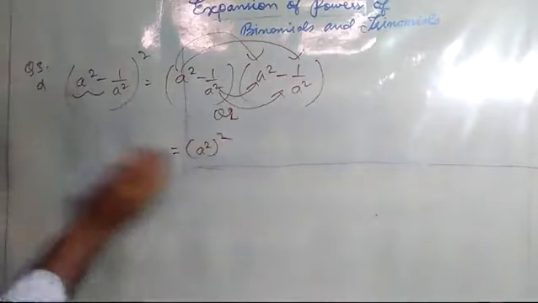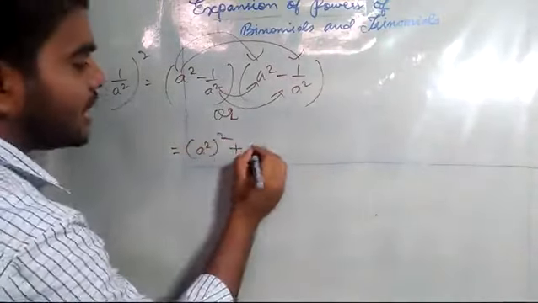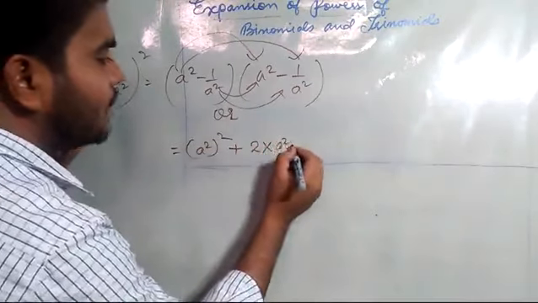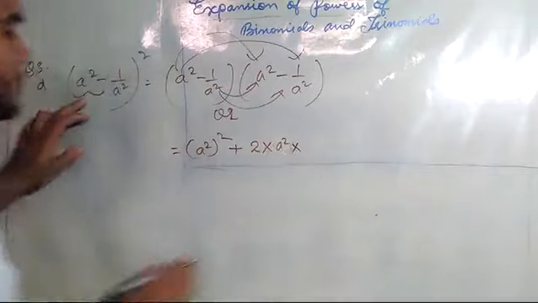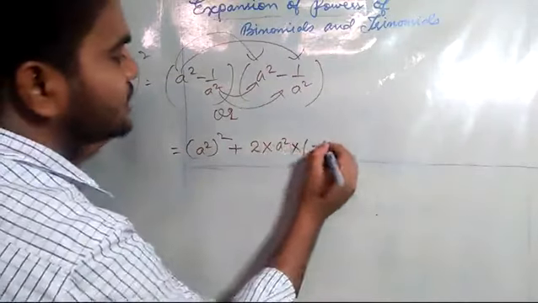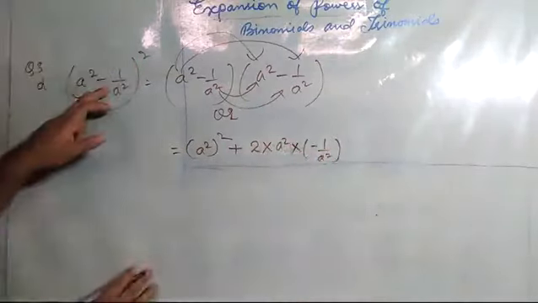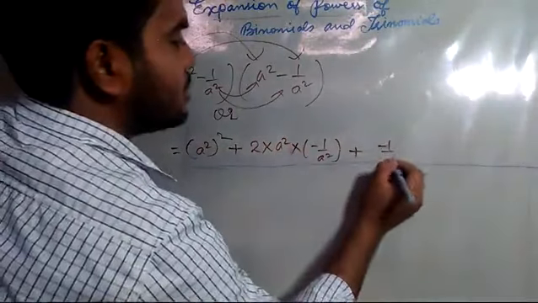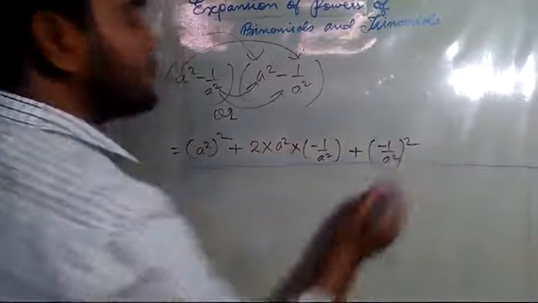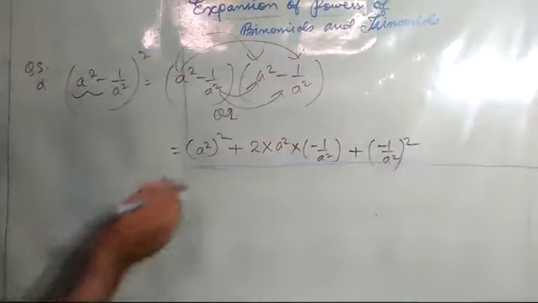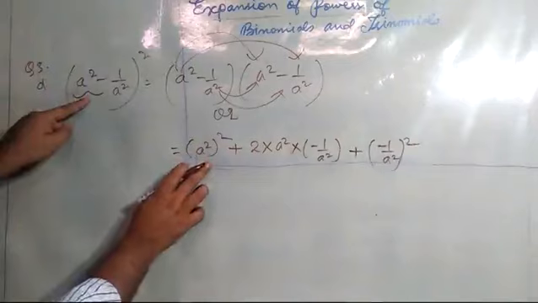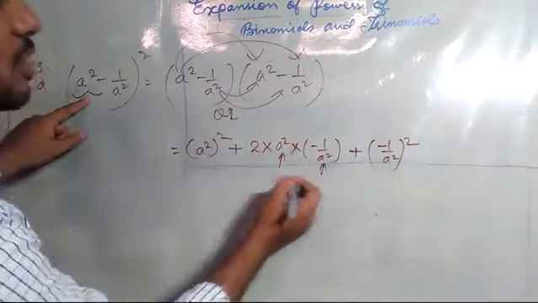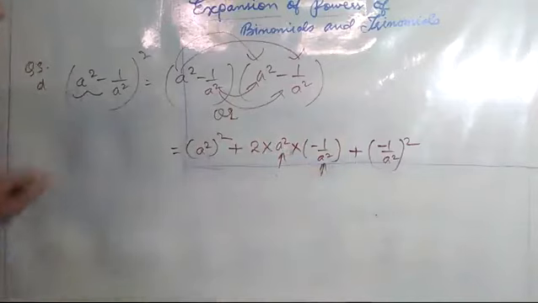This is my first term square, plus I told you 2 multiplied with first term multiplied with second term. What is my second term here? It is minus 1 by a square, plus the last term square. Is it? I hope you understood. So first term square plus 2 into a square into minus 1 by a square, plus this.